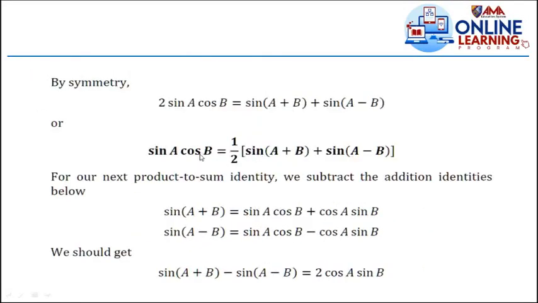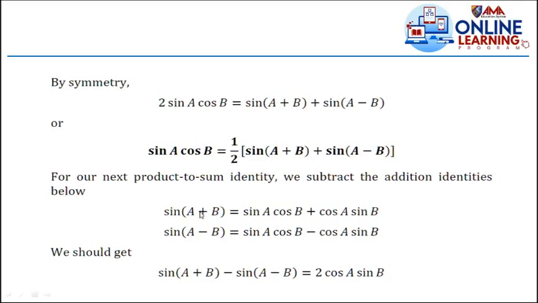So sine A cosine B is equal to 1 half sine A plus B plus sine A minus B. Now that the addition is done, we are going to subtract.